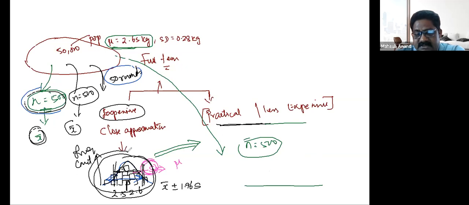Please remember, this distribution is different from this distribution. We cannot directly compare them. This distribution is built by taking the mean every time I collected 500 samples, then another 500 records sampling and taking the mean.